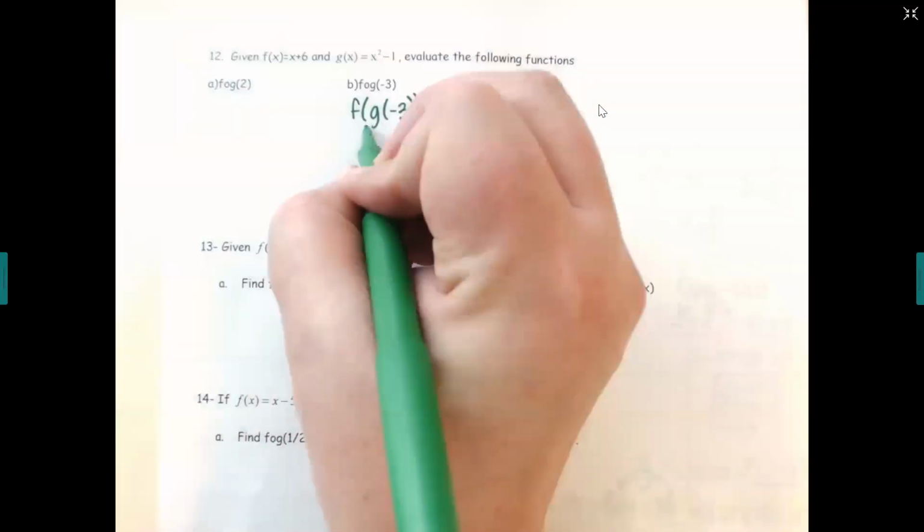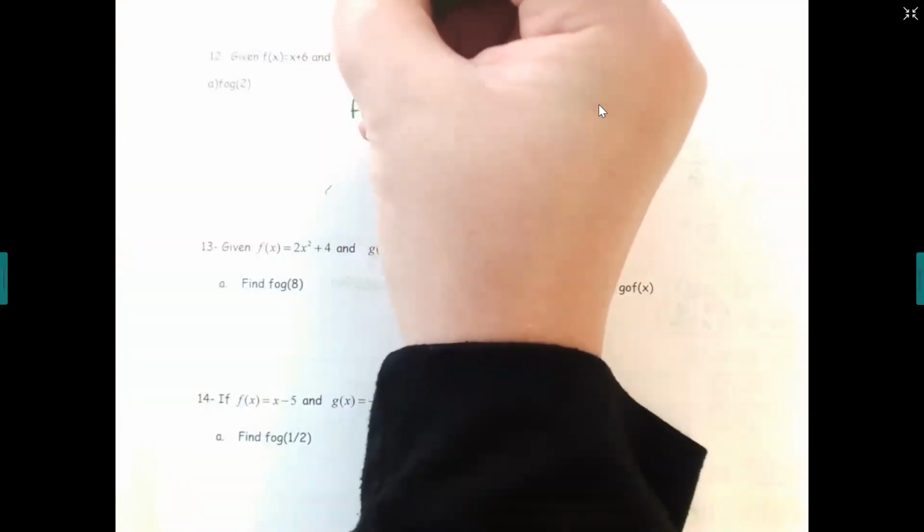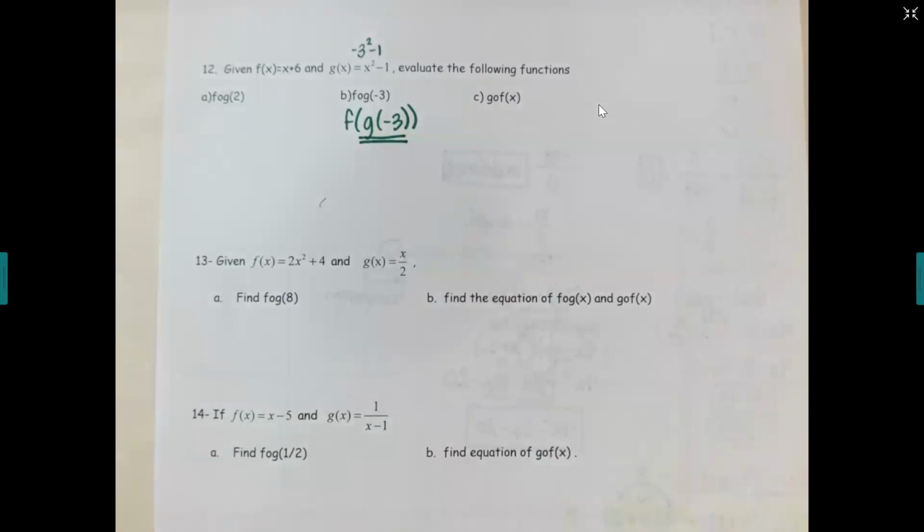Okay, you're gonna take your G formula, which is right here, and you're gonna plug a negative 3 into that. So it'd be negative 3 squared, and then minus 1.